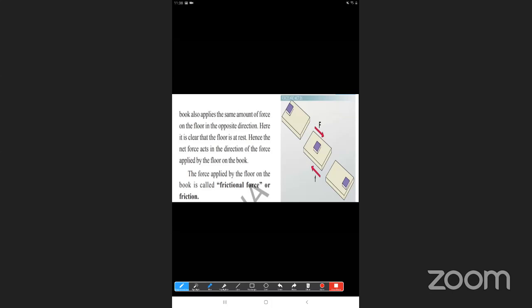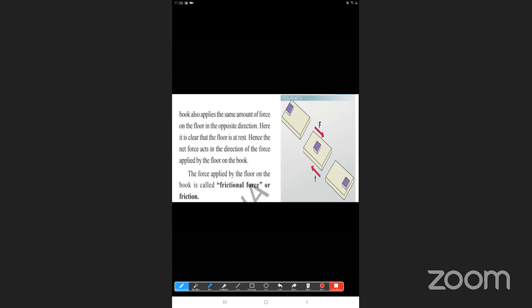Here, the floor is applying some force on the book, as well as the book. Yes, the bottom surface of the book is also applying force on the surface of the table or floor.